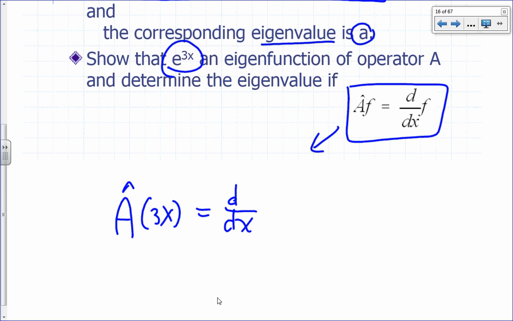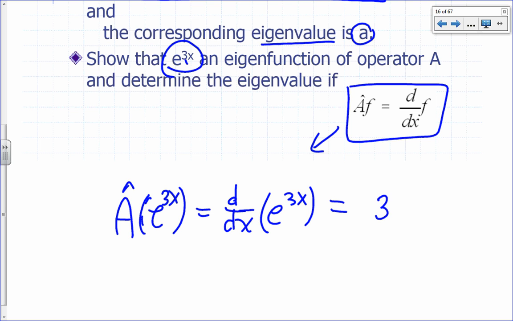Derivative with respect to x of, oops, that's not 3x, e to the 3x, right? We're doing e to the 3x. So that's the derivative of e to the 3x with respect to x. What's the derivative of e to the 3x? 3e to the 3x.